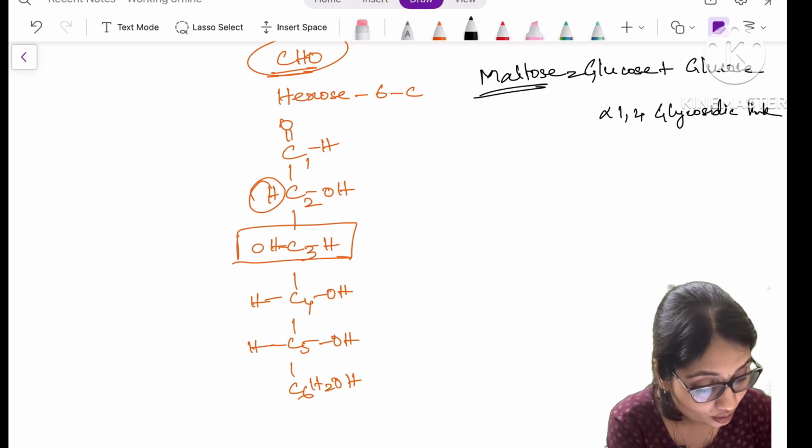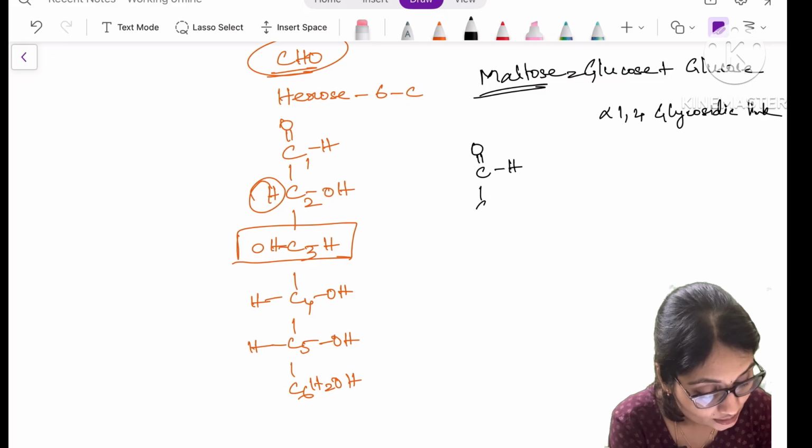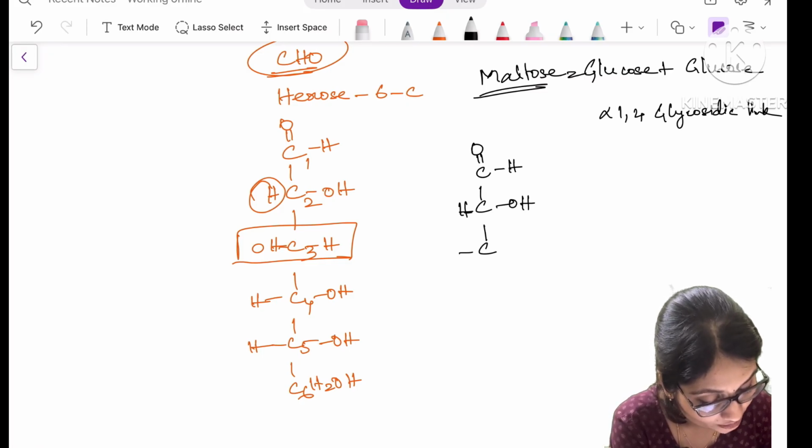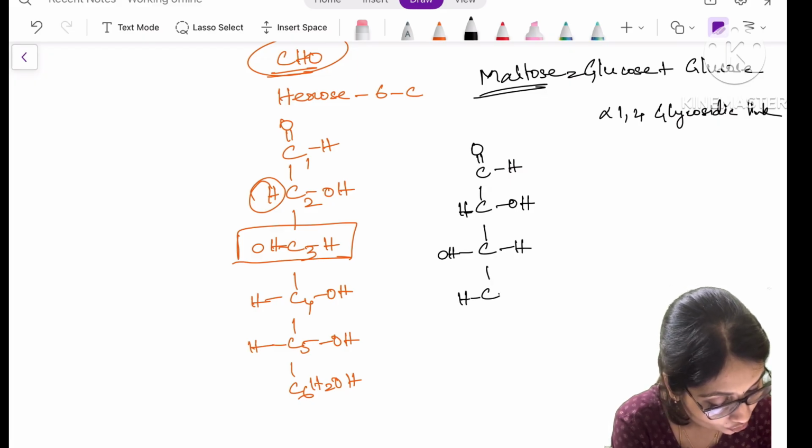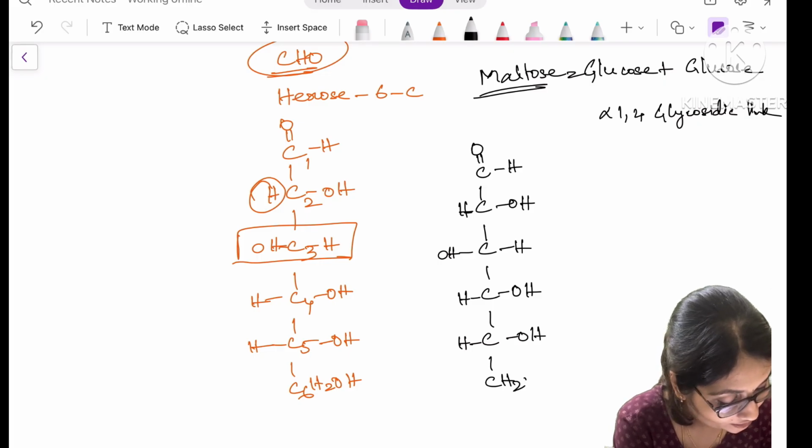So how do you draw glucose? It is C double bond OH, CHOH, then COH H, then CHOH, then CHOH, and ultimately CH2OH.